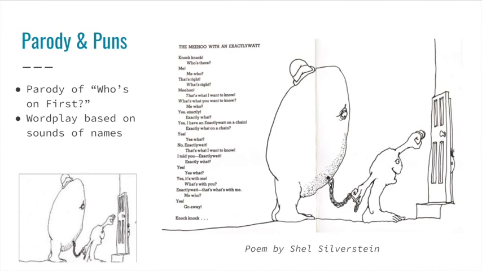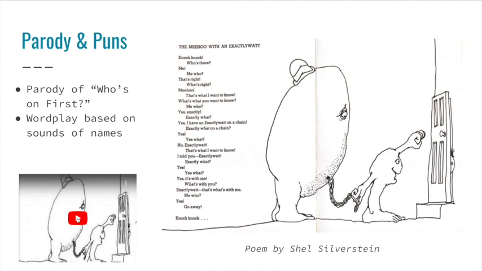That's what I want to know. I told you. Exactly what? Yes. It's with me. What's with you? Exactly what? That's what's with me. Me? Who? Yes. Go away. Knock, knock.